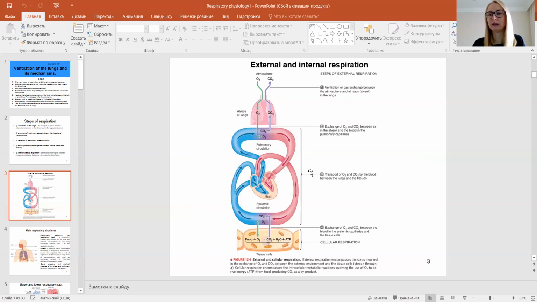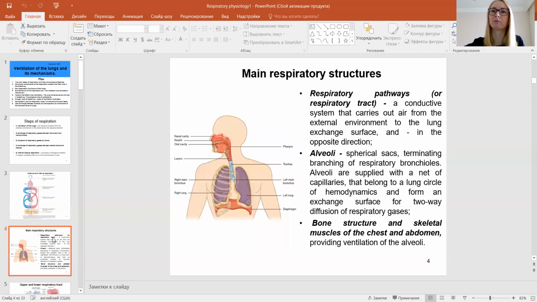Besides, respiratory gases are transported in such a way only over short distances, compared to convection, which helps to transport gases over long distances. So diffusion takes place in the first, second, and fourth steps of respiration.